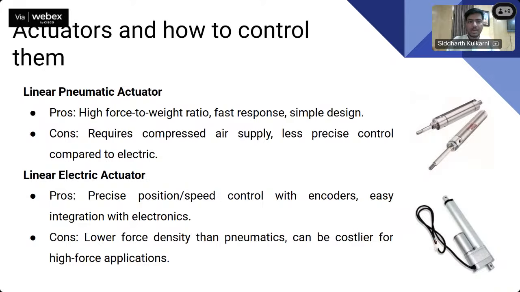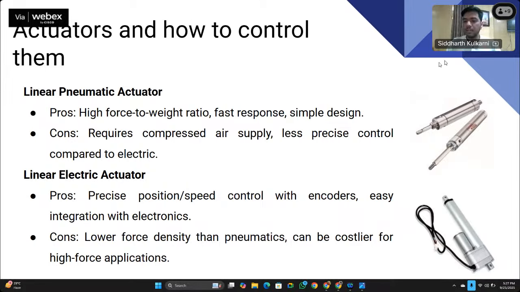Typically there are two basic actuators that many mechanical engineers might be familiar with. First is a linear pneumatic actuator, second is a linear electric actuator. Whenever you want to control a linear motion, let's say when something happens you want to push a particular box or lift a particular weight in a vertical direction, you will typically use a pneumatic actuator that you see here.